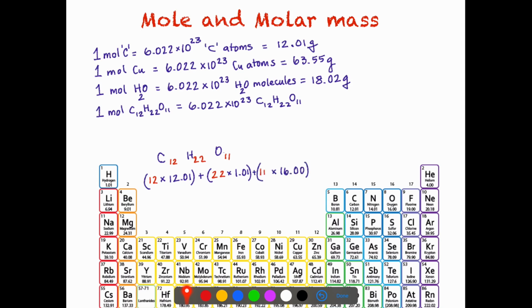And then you add 11 times oxygen's weight on the periodic table. You add them up, you get 342.34. Guess what the units will be if you're talking about molar mass? Okay, guessed it right. It has to be grams per mole.